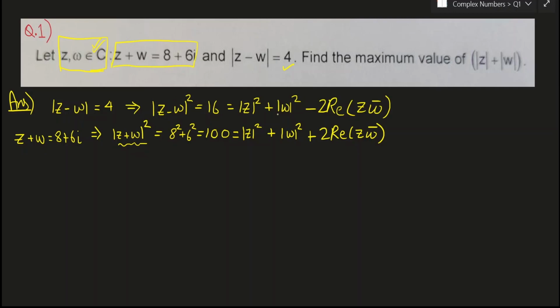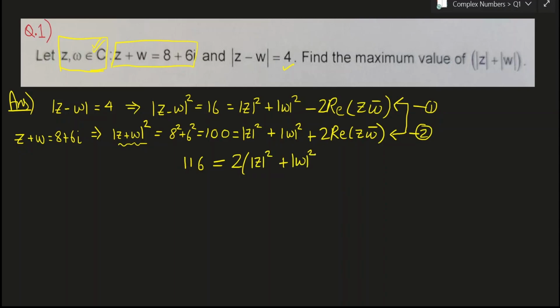Okay, so I want you to look at both of these. You can clearly notice if I add 1 and 2, I'm going to be left with 100 plus 16. Adding the left hand side, 116 is equal to 2 times (mod z square plus mod omega square).